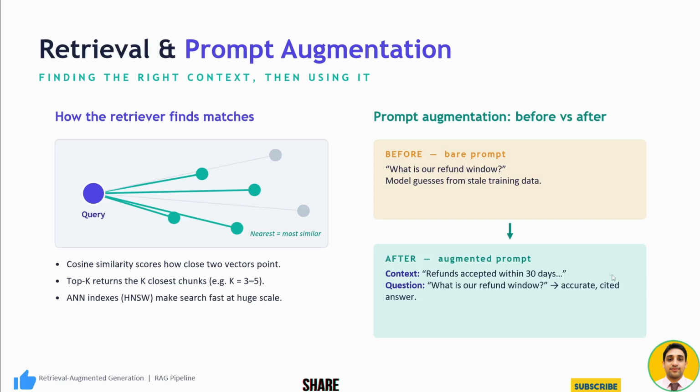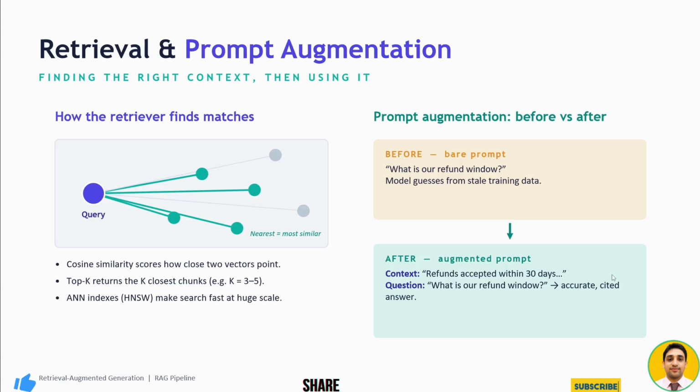When the system performs search, it typically returns what is called the top k results, meaning it fetches the k number of closest matching chunks. Commonly, this might be set to a range like 3 to 5 results.